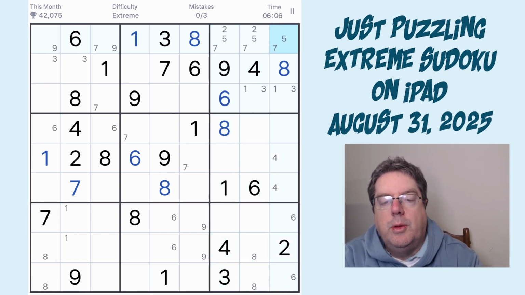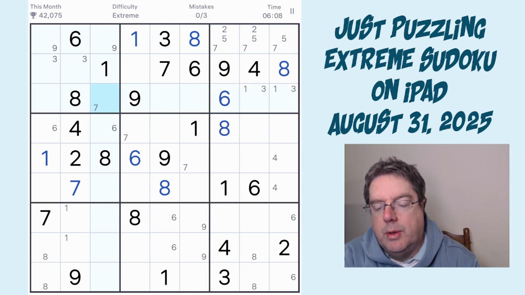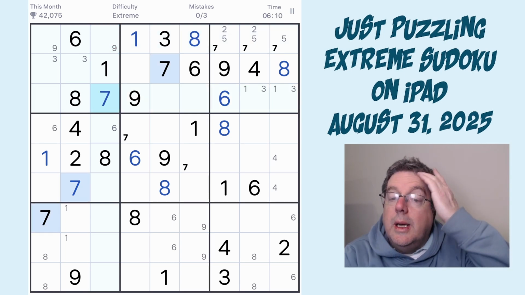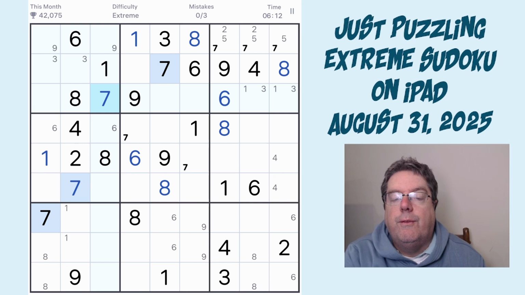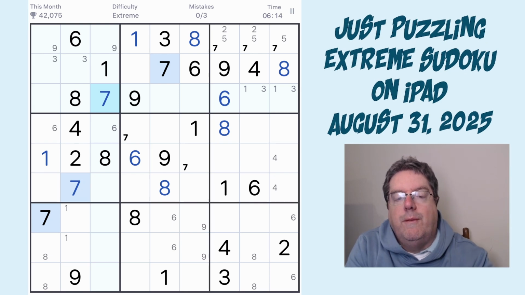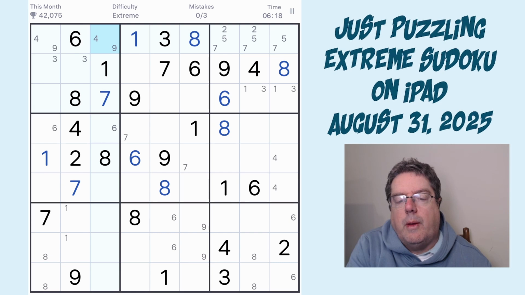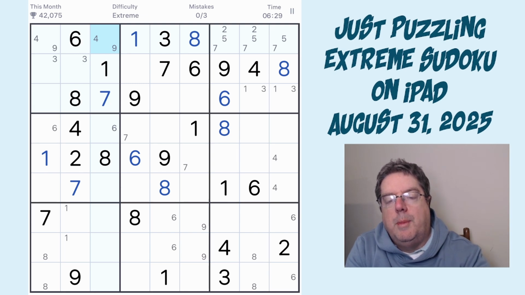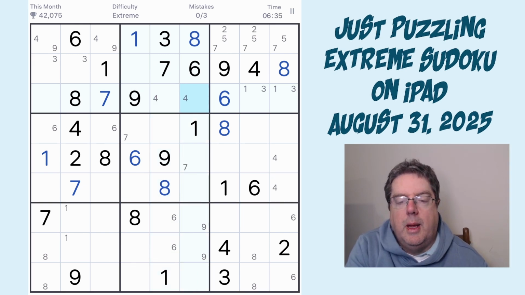What that's done for me is this can't be a 7, so this is a 7 here, and the other number that I'm missing is 4, so this is going to be 4 here. 4, 9, 4, 9. 1, 2, 3, 4. 4 can't be here, so 4 is one of these two. 5 can be there, and 2 can be anywhere.